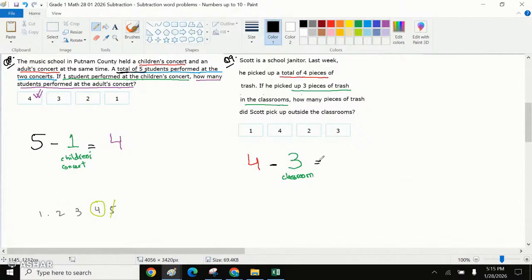Then how many pieces of trash would be picked from the outside? That means 4 minus 3. 2, 3, and 4. If 3 were from the classroom, then 1 piece of trash was from outside. Agreed?